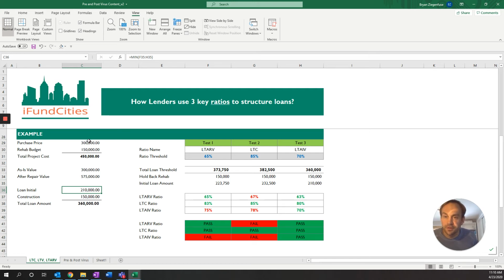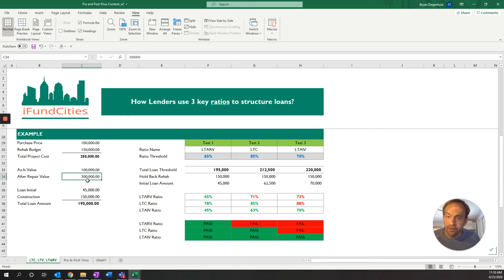So let's go through another quick example. Let's say it's a purchase price of $100,000, rehab budget of $150,000, total project cost of $250,000. Our as-is value equals the purchase price. And let's say our after repair value is not that good of a deal, but you still want to do it for whatever reason.